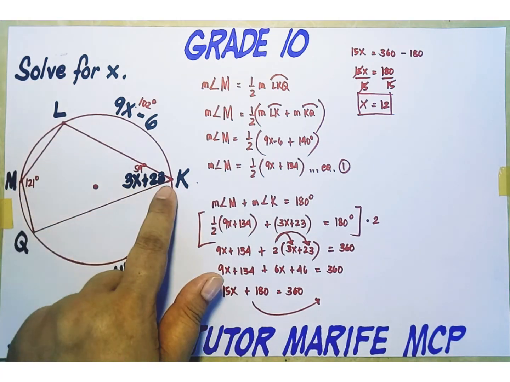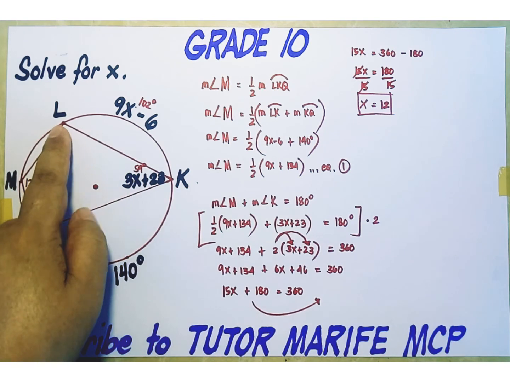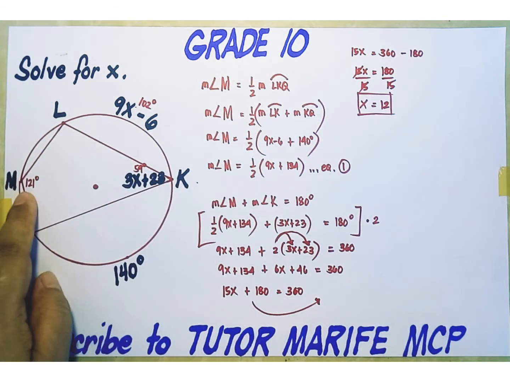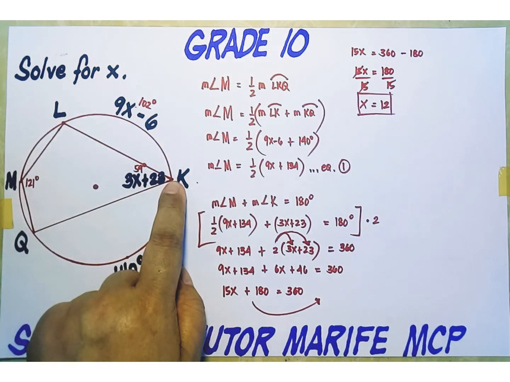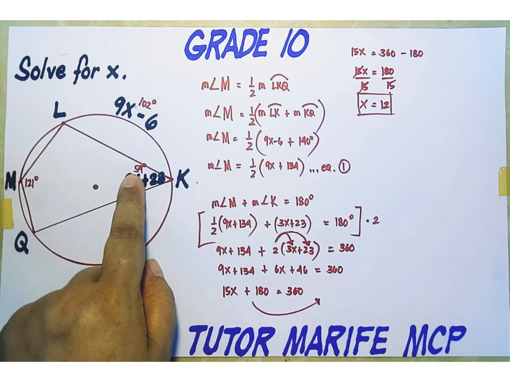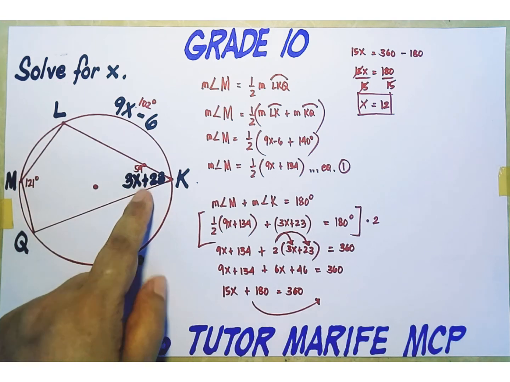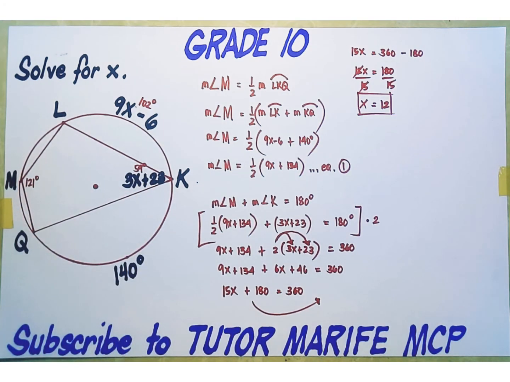Angle M and angle K are opposite angles of the cyclic quadrilateral LKQM. The measure of angle M is 121 degrees. The measure of angle K is 59 degrees. If you add them up, 121 plus 59 is equal to 180 degrees. Therefore, x equals 12 is validated using the theorem on opposite angles of a cyclic quadrilateral.